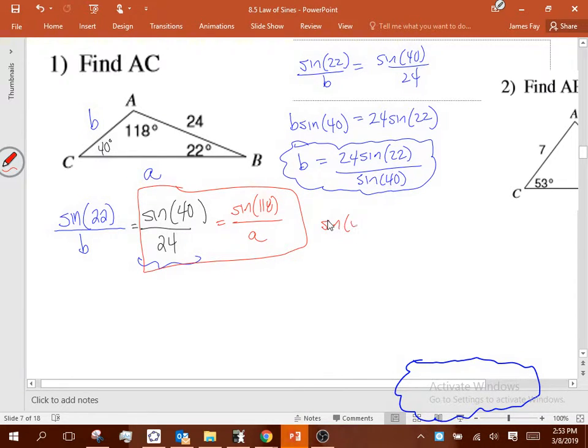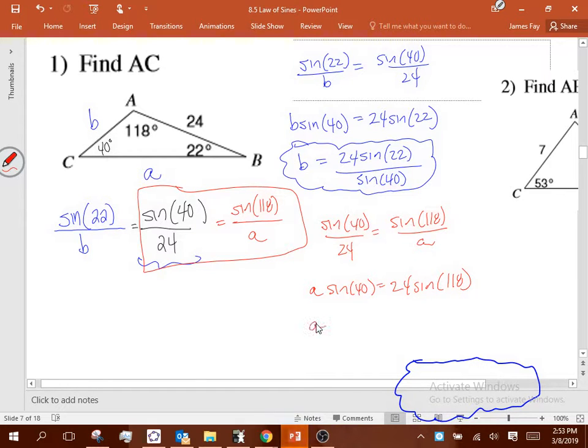So I'll say sine of 40 over 24 is equal to sine of 118 over A. Cross multiply: A sine of 40 is equal to 24 sine of 118. Again, just like up here in the blue one, this sine of 40 is a coefficient.